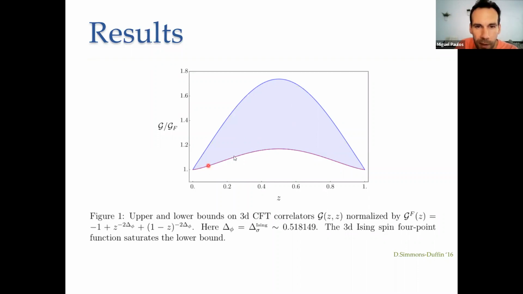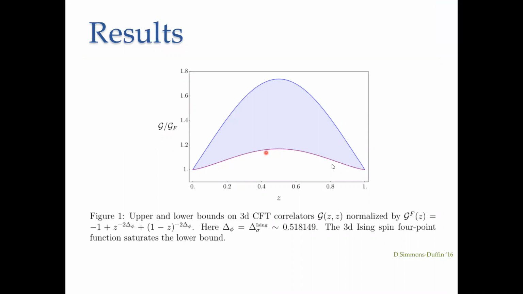And you can see that there's some red dashed line here, and that red dashed line is the 3D Ising correlator. So this is telling you that indeed for any choice of z, the 3D Ising correlator is the smallest correlator allowed, basically. We expected something like this to be true if z was sufficiently small because of this heuristic argument that I gave. But here it's really telling you that it holds all the way to z equals a half.